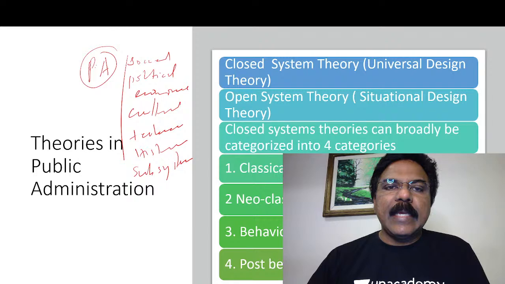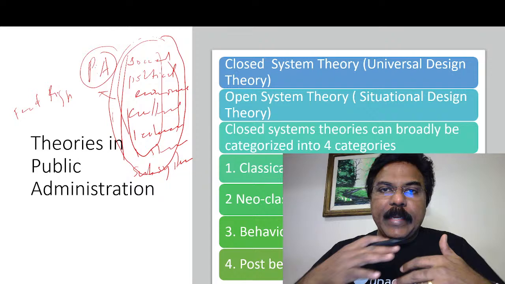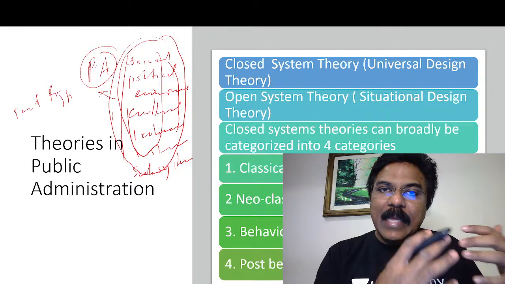And this was proved extremely wrong by the open system theory people like Fred Riggs, who said that all these subsystems interact with public administration and mutually affect each other. Because we are talking about periods in time, when people had only classical theorists, and then we move to behavioral theorists, then post-behavioral, then post-Weberian.